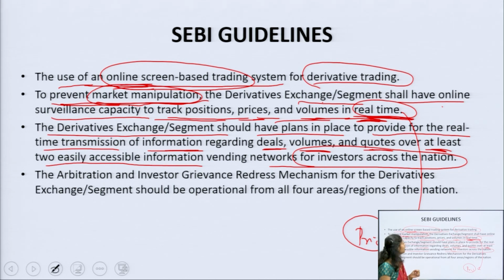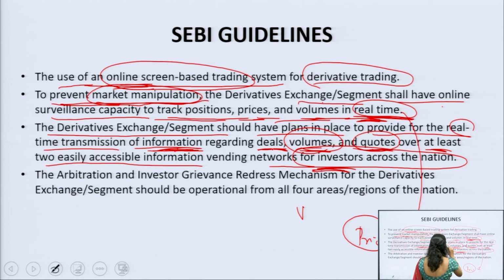This means they have to provide clear information in real time to the investors regarding the deals, the volume and the quotes. So there should be transparency with respect to the information related to volume, quotes and deals, in real time we are talking about. Just now I have explained real time.